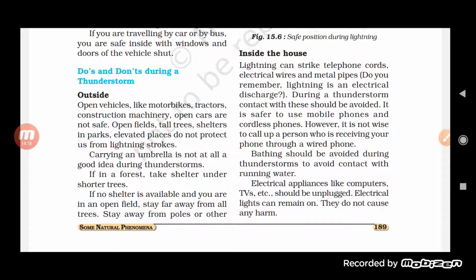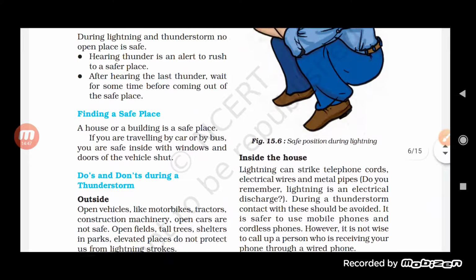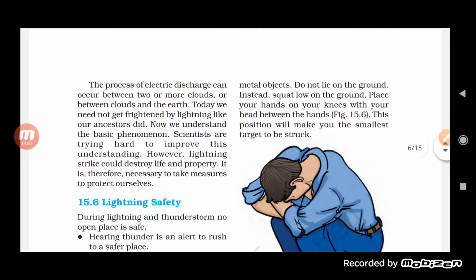And even then, if no shelter is available and we are in an open field, then especially we must stay far away from any kind of tall trees. If we are outside in a field and not in the forest, we must keep ourselves away from poles or any larger object present there.